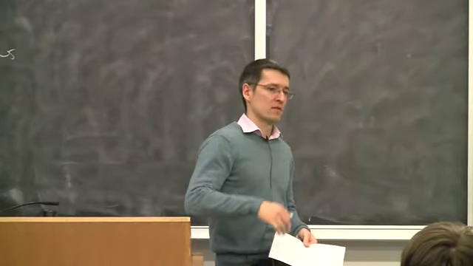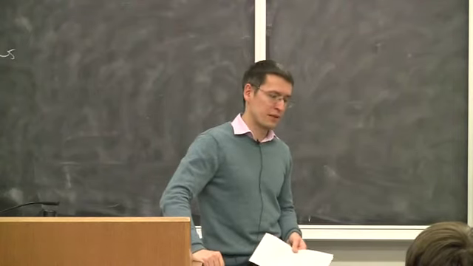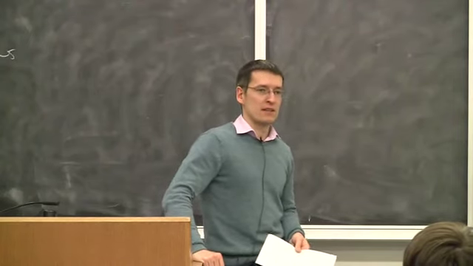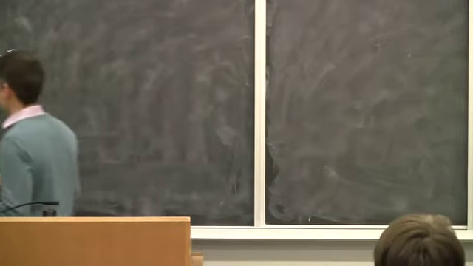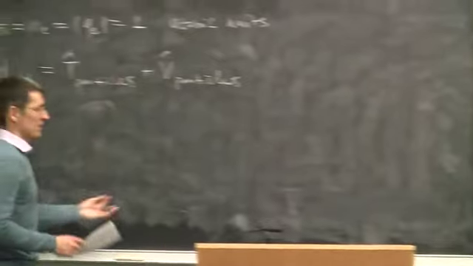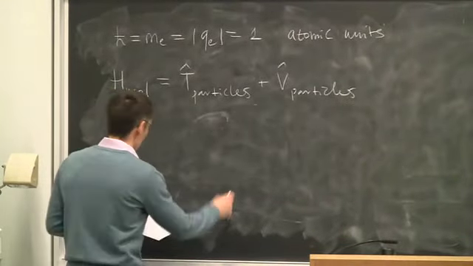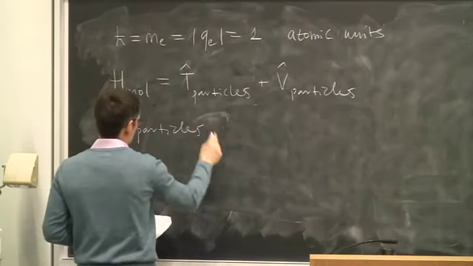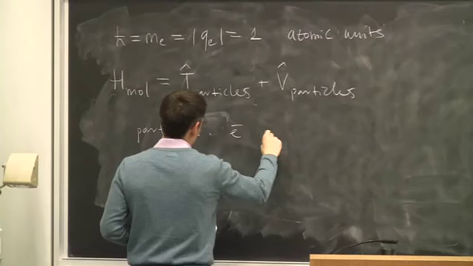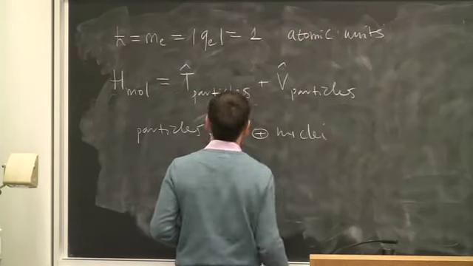But neutrons and protons, they are connected by the strong force, and we don't go there. For us, nucleus is something that is elementary in a sense. We don't go further. So the particles are electrons plus nuclei, right?